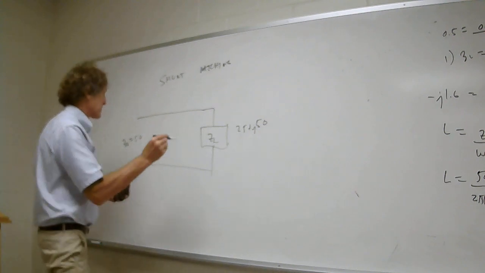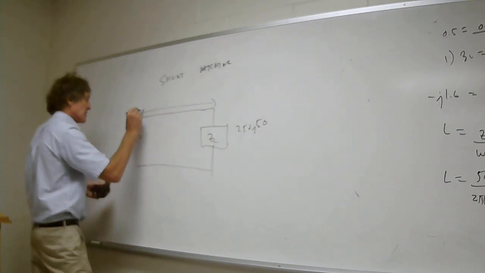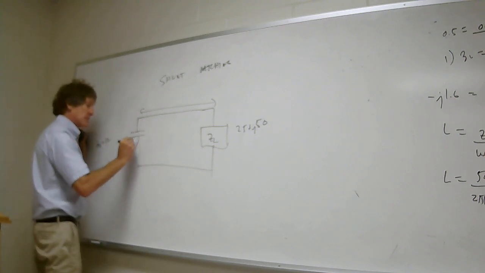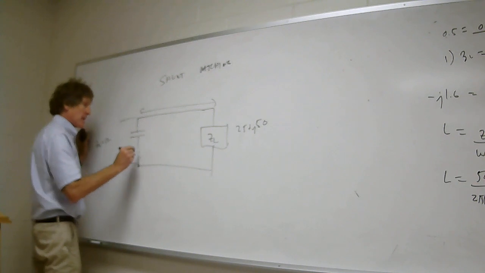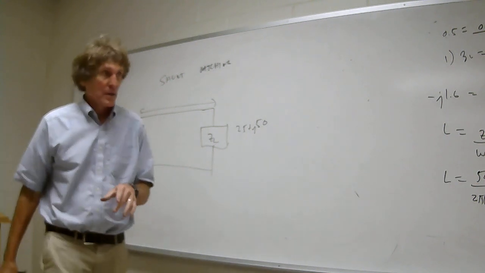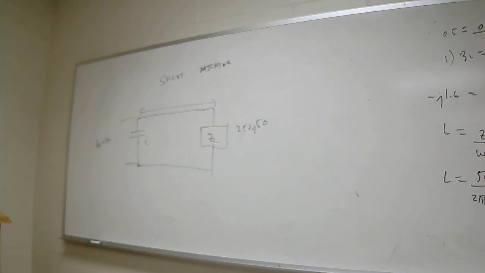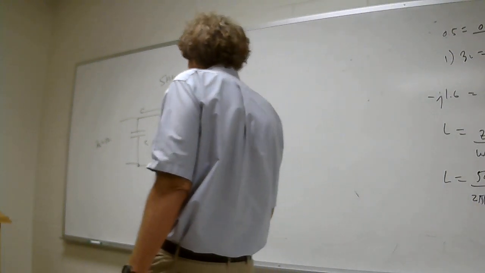And now I have to go a little further, and I have to put a parallel. This is going to be a capacitor. This is a good design. So you come out here, remember it's in shunt. Everybody with me? So we're in the admittance domain. I'm going to move to here, right? I'm going to move to 0.4. So the total distance I move is going to be what?